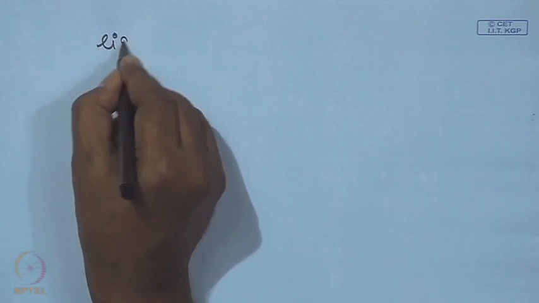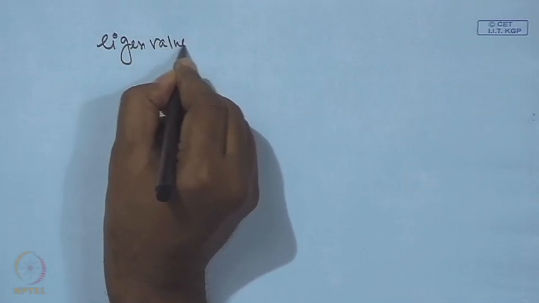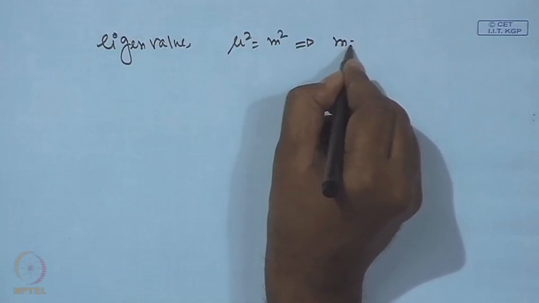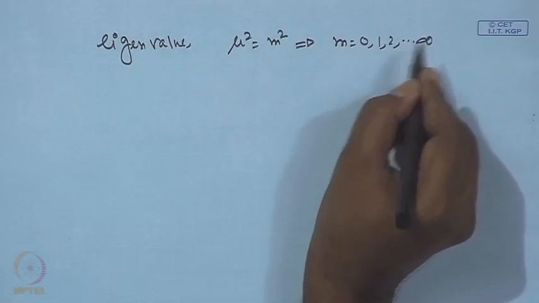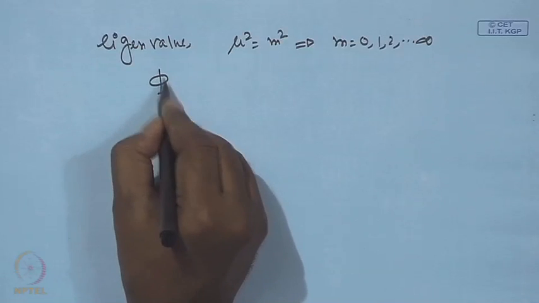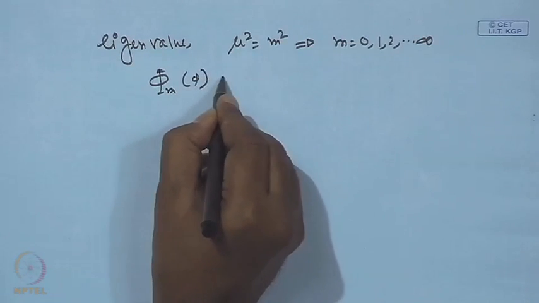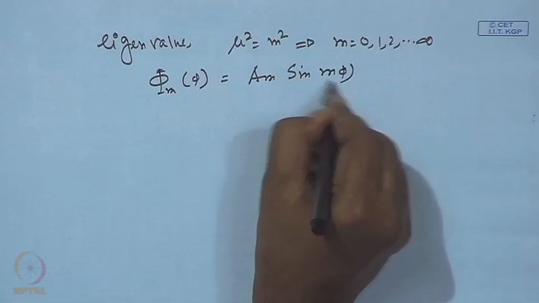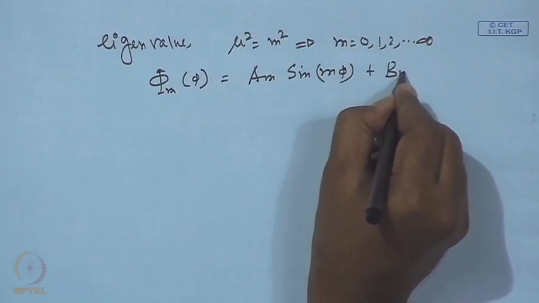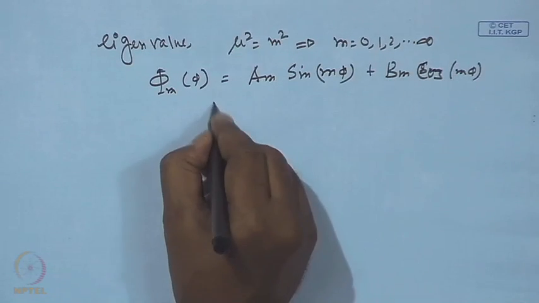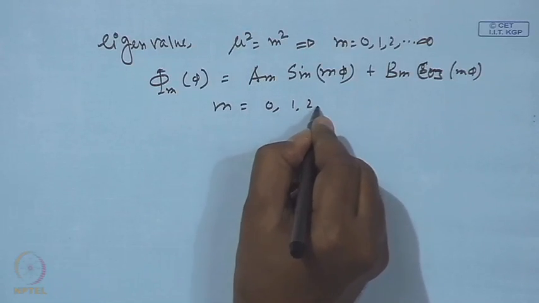So, if you do that, the eigen values become mu square is equal to m square, that we have already seen, and m is from 0, 1, 2, 3 up to infinity. We have already seen this in the earlier case and therefore, Phi is nothing but a_m sin m phi plus b_m cosine m phi, where the index m runs from 0, 1, 2 up to infinity.